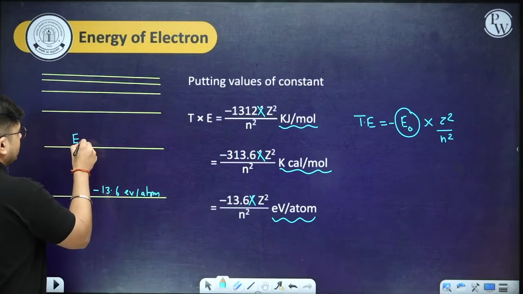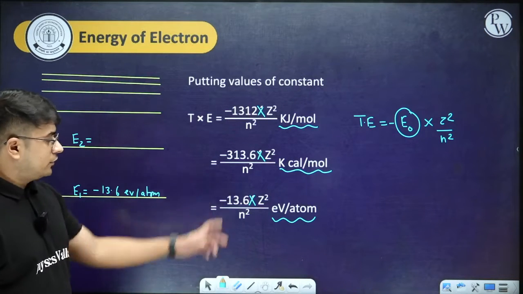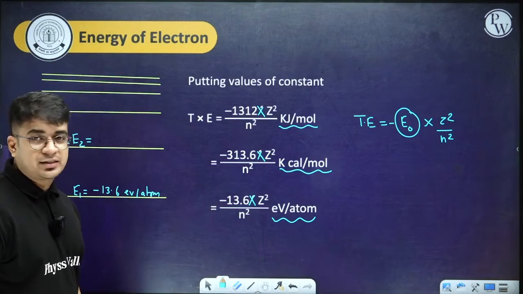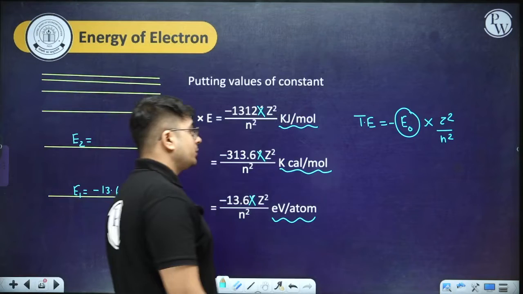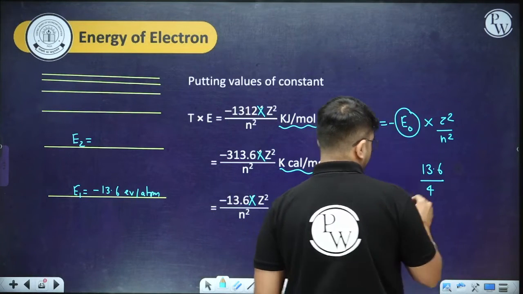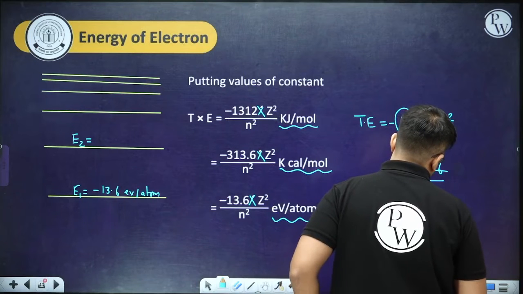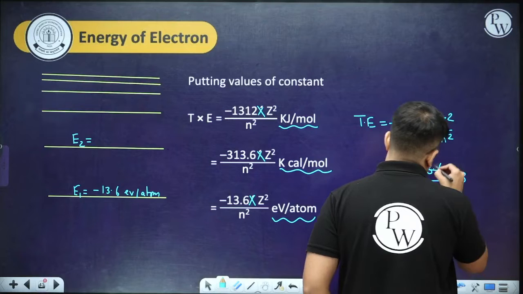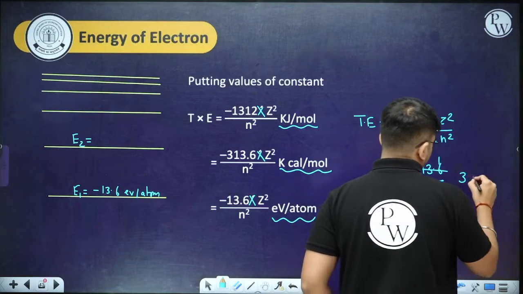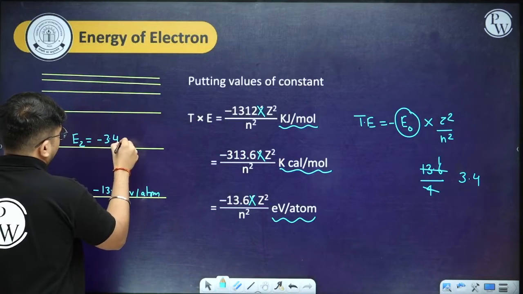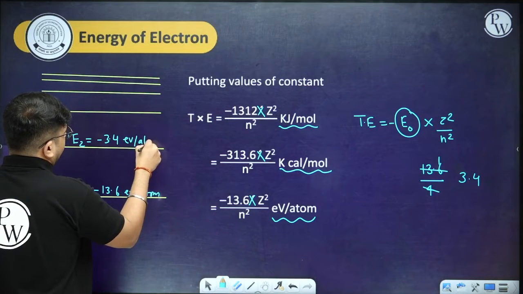If I talk about the E2 value, I put n as 2 in this case. It means minus 13.6 divided by 4, that will be 3.4. So that will be minus 3.4 electron volt per atom.